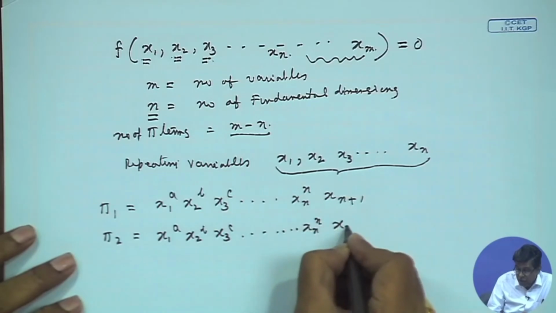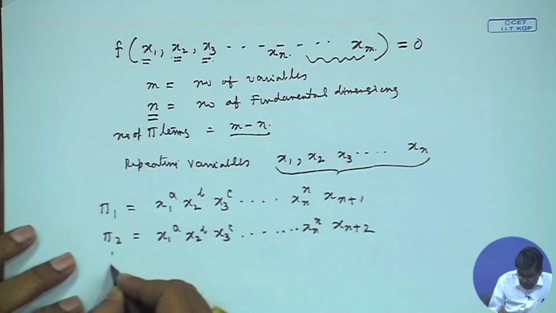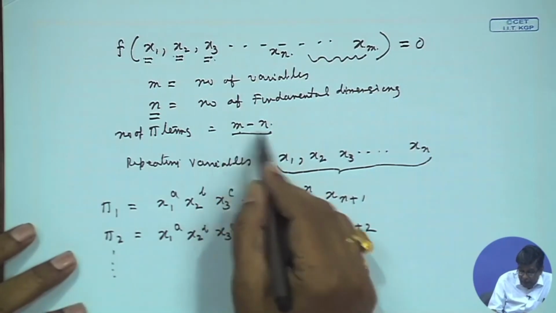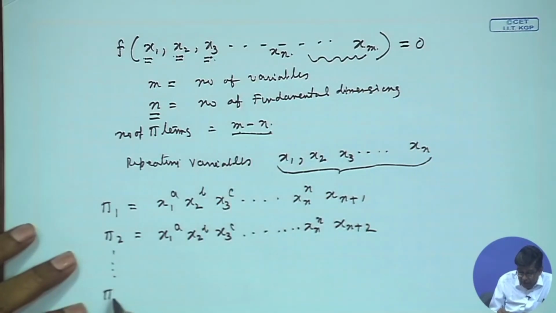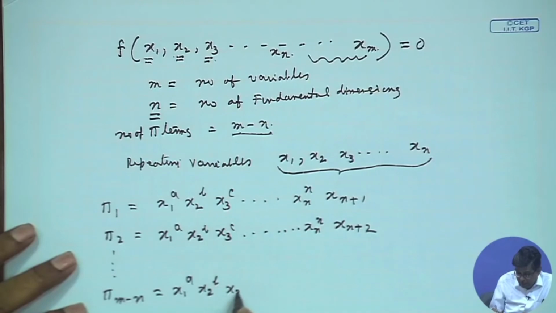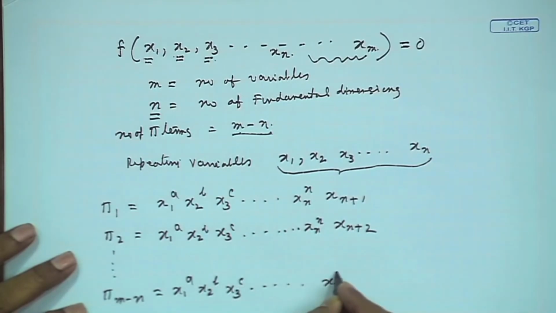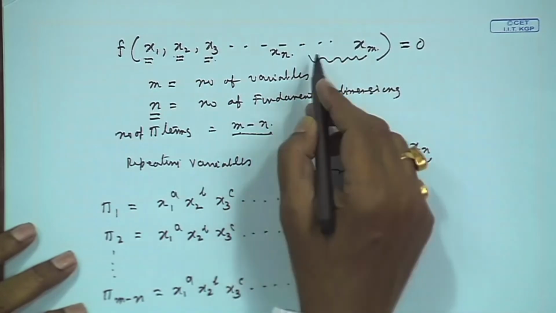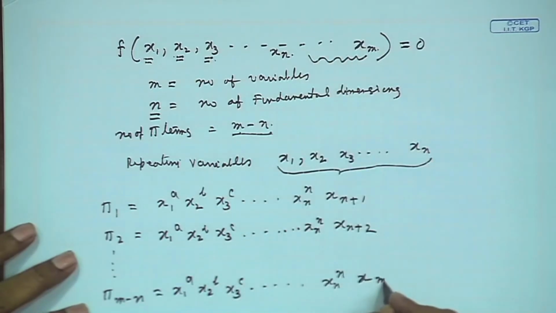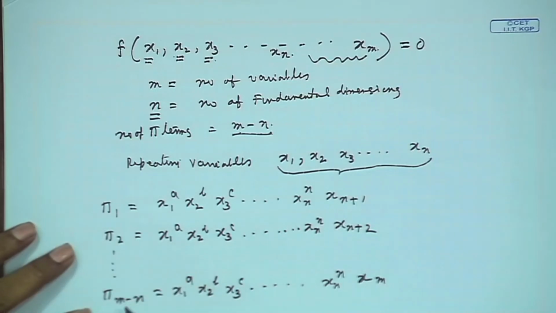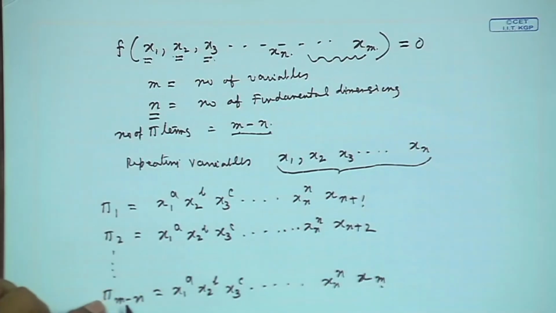Like that, we will have m minus n pi terms. Pi m minus n will be x1 to the a, x2 to the b, x3 to the c, up to xn to the n, into x n plus 1, n plus 2, up to x m. So, n plus 1 to m. Okay. So, we say this way we can form the pi terms.